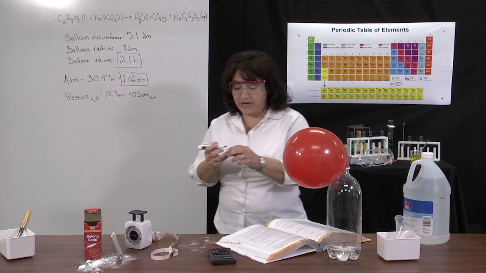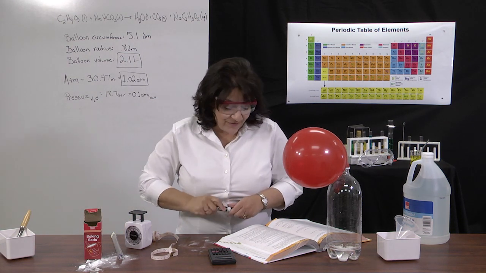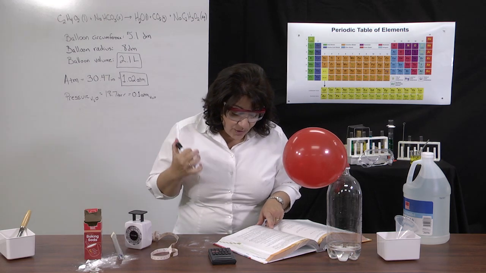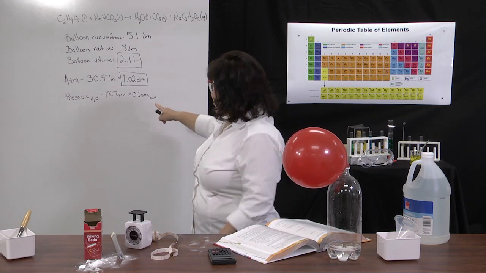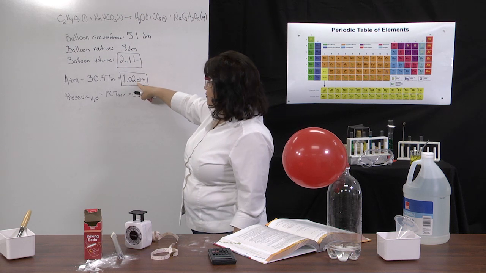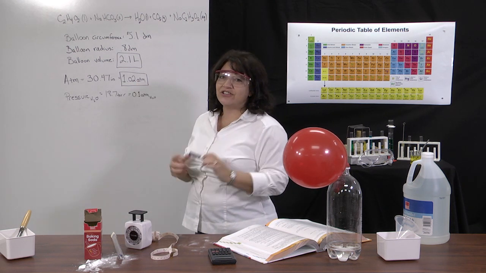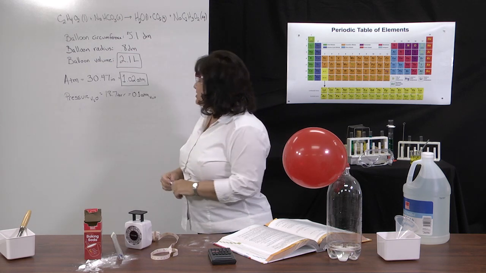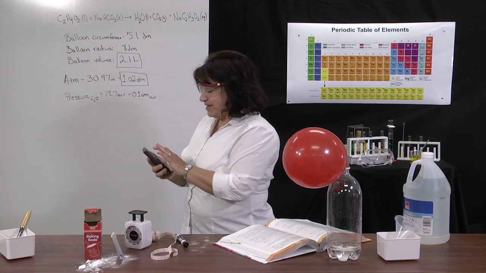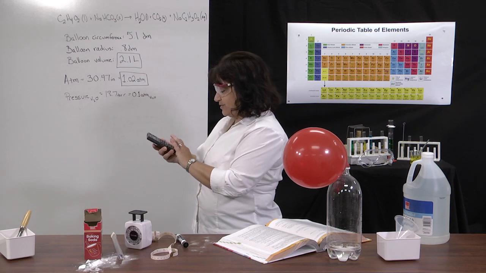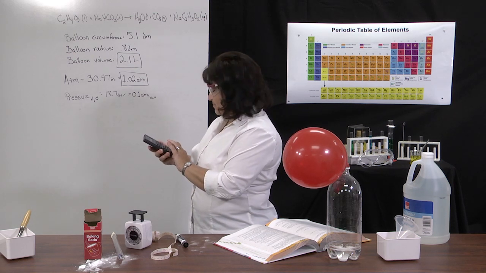Okay, and I'm putting 0.1 atmospheres for my water vapor pressure. Now, what that means is we can take the pressure of the water and subtract it from the pressure of the carbon dioxide water mixture, and that will give us the pressure of just the carbon dioxide. So we're basically just subtracting 0.1 from the number. So we have 1.02 minus 0.1.